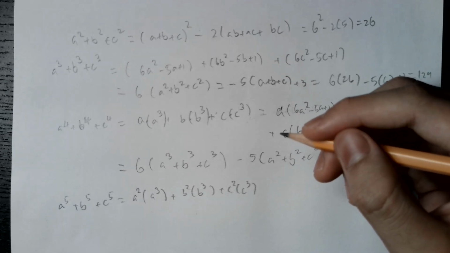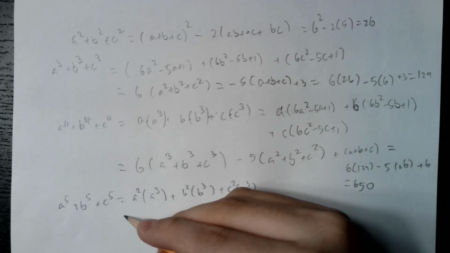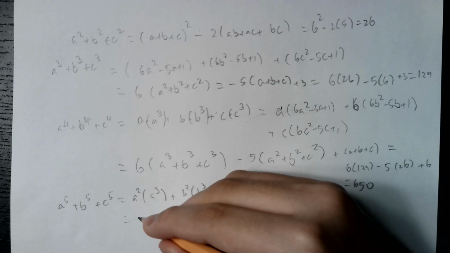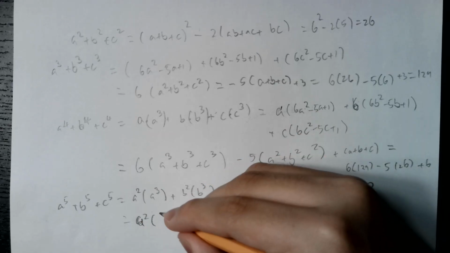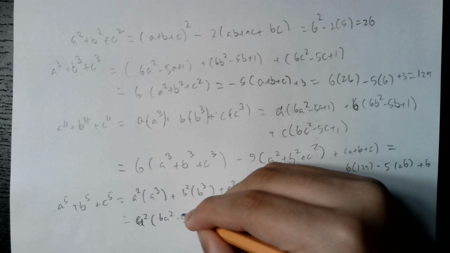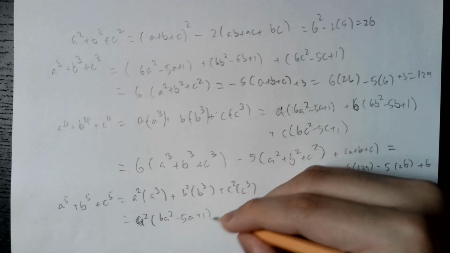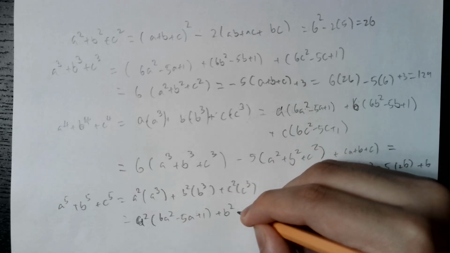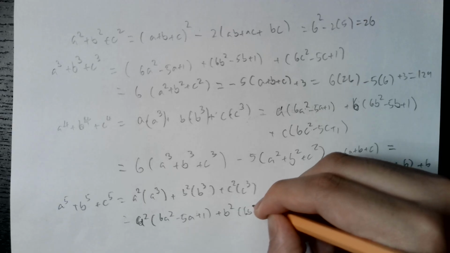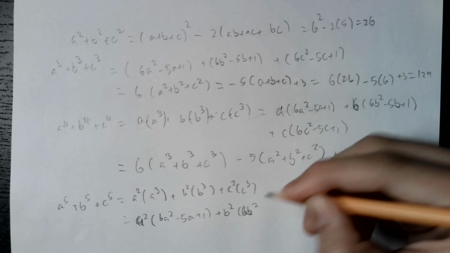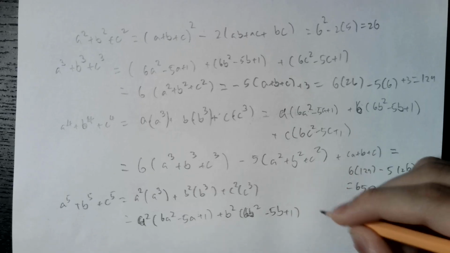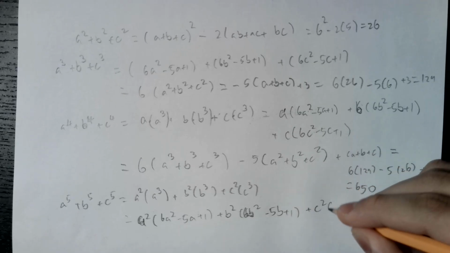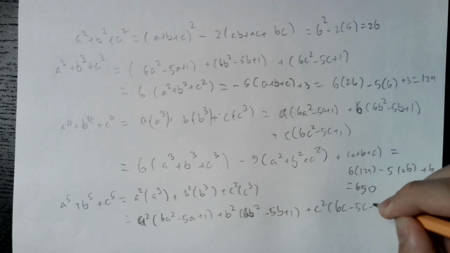And now this is going to be equal to a squared times 6a squared minus 5a plus 1, plus b squared times 6b squared minus 5b plus 1, plus c squared times 6c squared minus 5c plus 1.